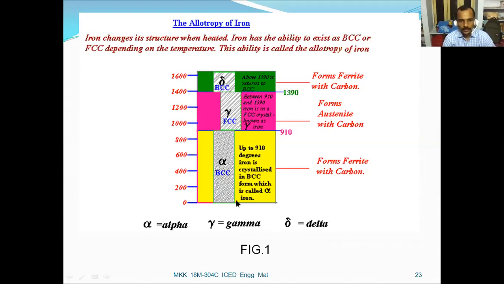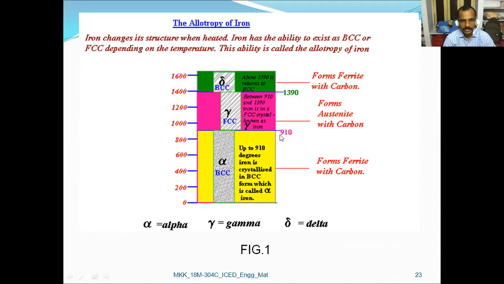From 0, alpha BCC structure forms. So from 0 to 200, 400, 600, 800 and 910 degrees, the iron is crystallized in BCC, body centered cubic structure form, which is called alpha iron.